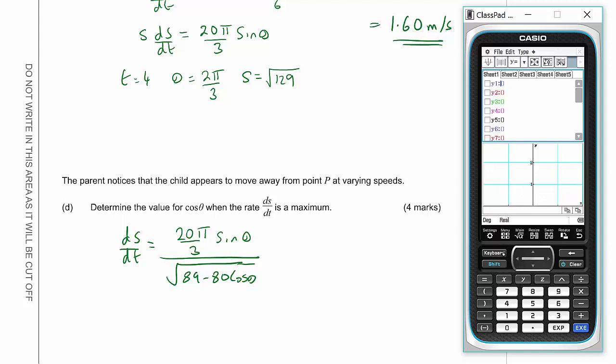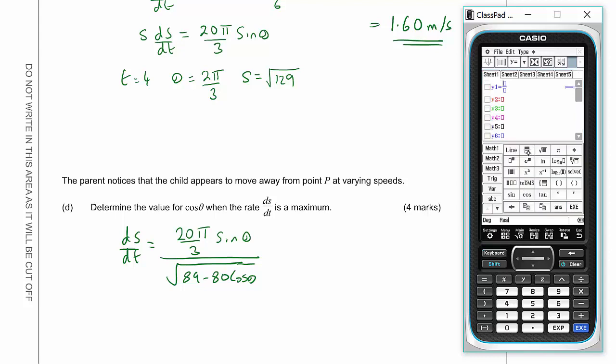So get the keyboard, and I've got 20 pi divided by 3 multiplied by sine of theta, in this case we'll use x, all over the square root of 89, take away 80 cos x.